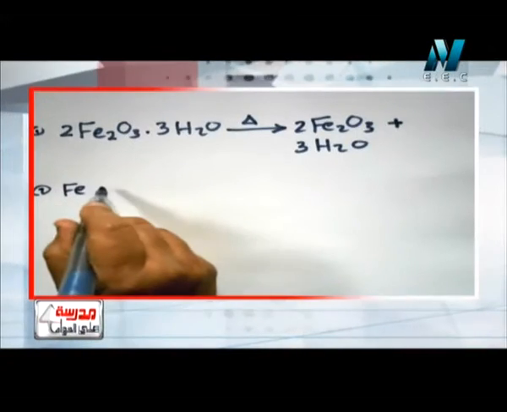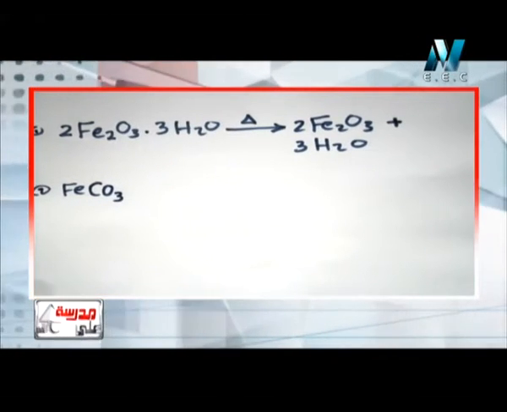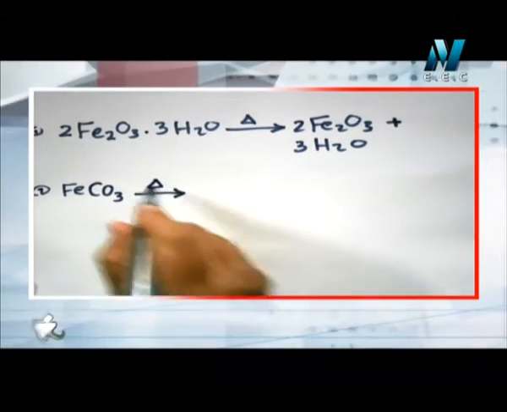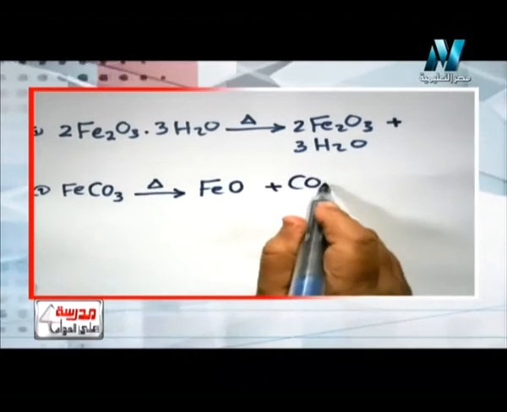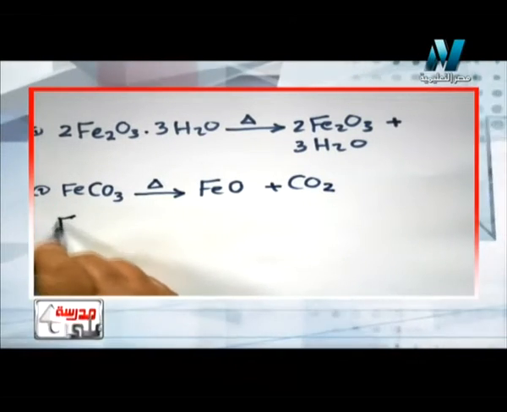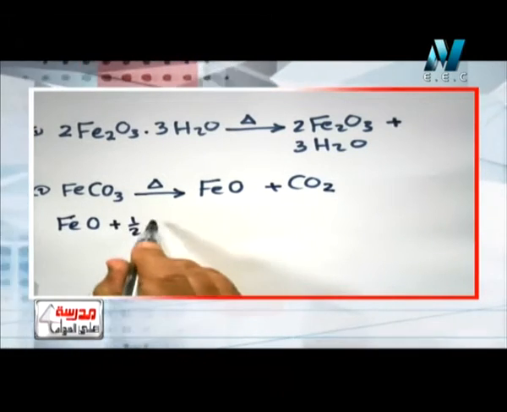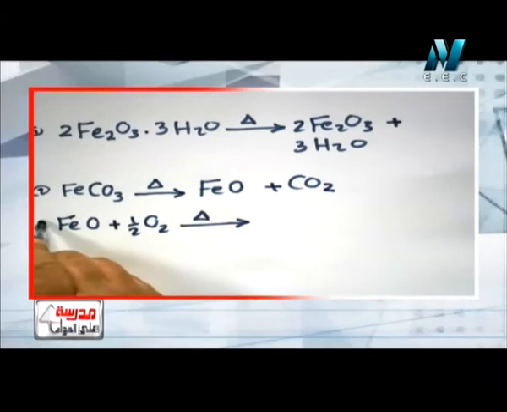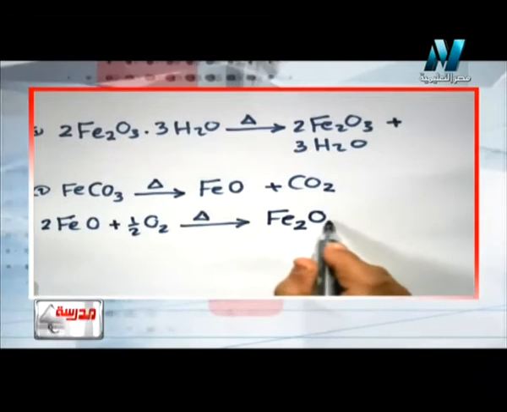If the ore is siderite, FeCO3, what's the effect of heating? We know that the effect on carbonate is that it will give iron 2 oxide and carbon dioxide. Iron 2 oxide, due to the strong heat, will be Fe2O3.